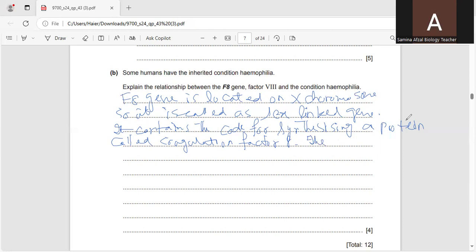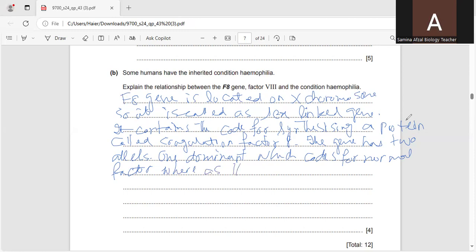The gene has two alleles, one dominant, which codes for normal factor, whereas the other is a recessive allele, which results in lack of factor.